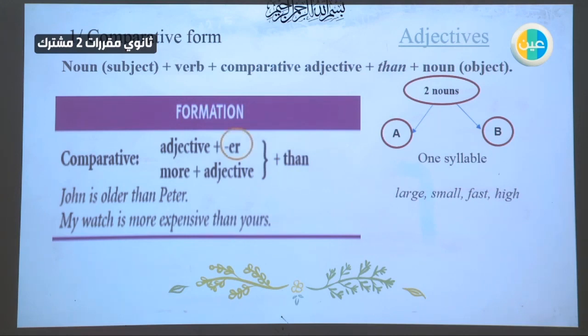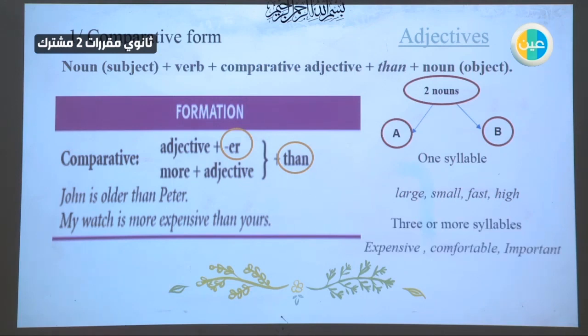Now, to be able to make the comparative, you say smaller, you add the ER at the end, this is the suffix, and then you put than. So you say house A is larger than house B, or car A is bigger than car B, and so on.